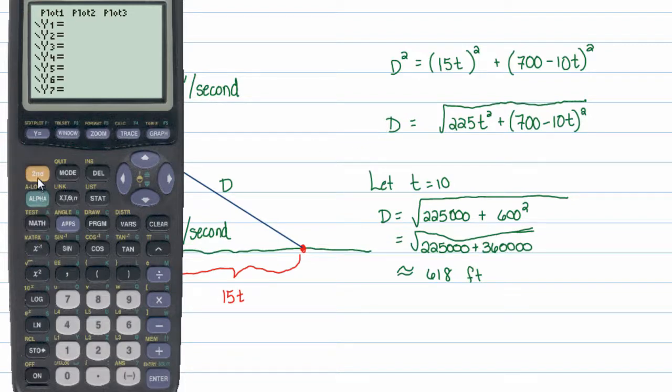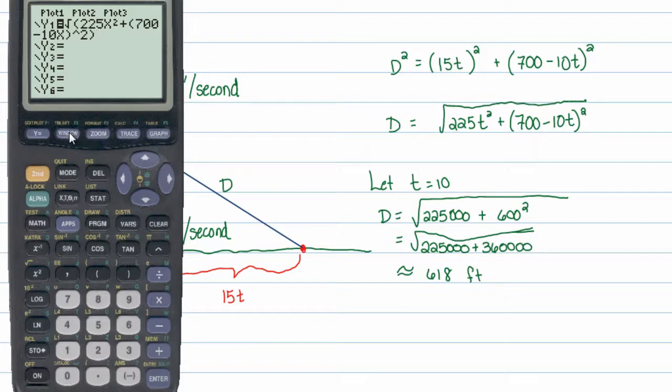And then we want to type in the square root of all that business. So here I go. I'll hit second to access that square root. It already puts an initial parenthesis in. 225 times x squared. And then plus, and I'll just put this as the quantity 700 minus 10t, or actually x, and that quantity was being squared, and then I'll end the parentheses on the square root. So that's the function.